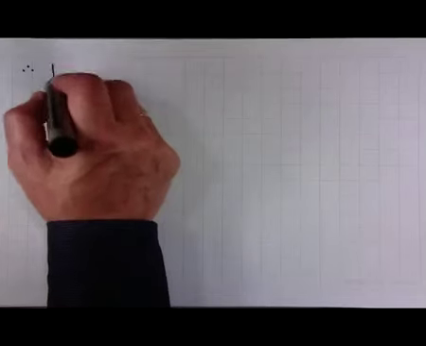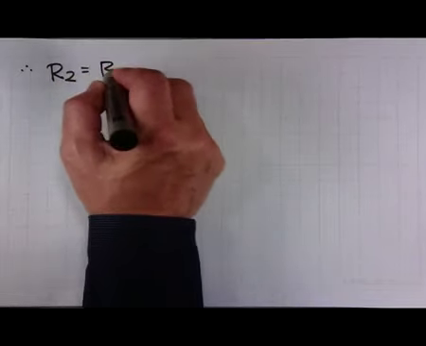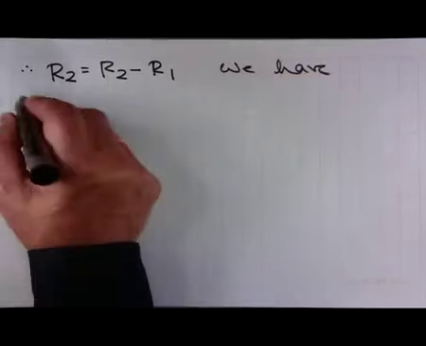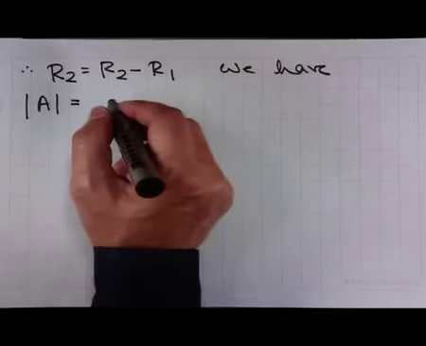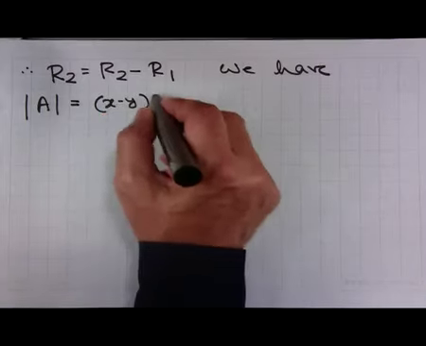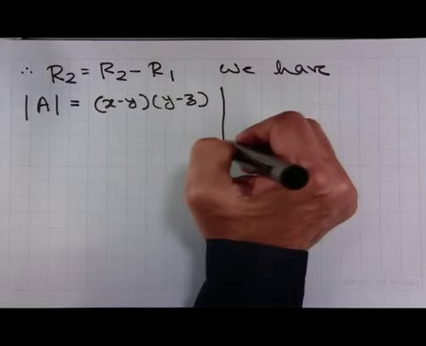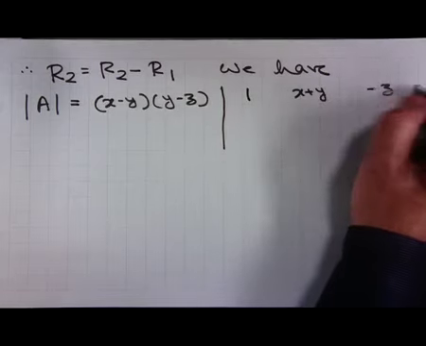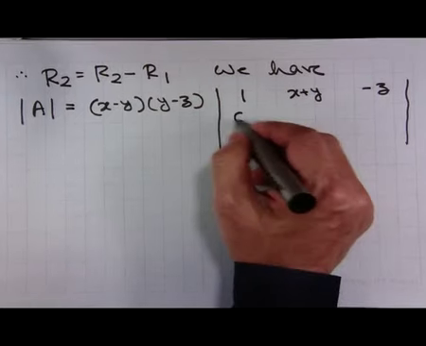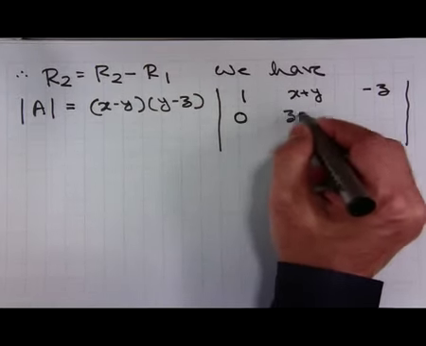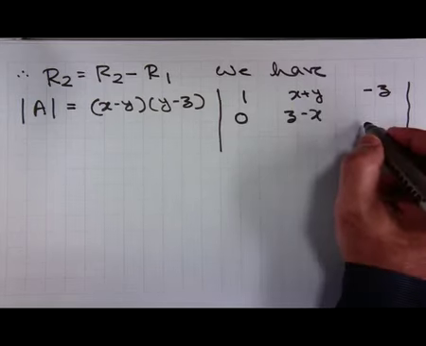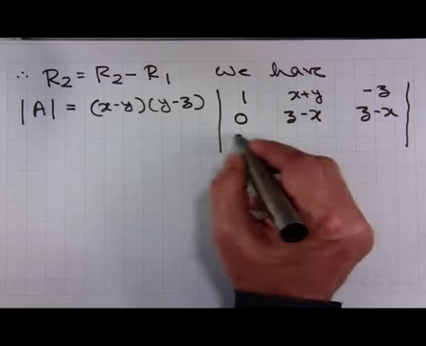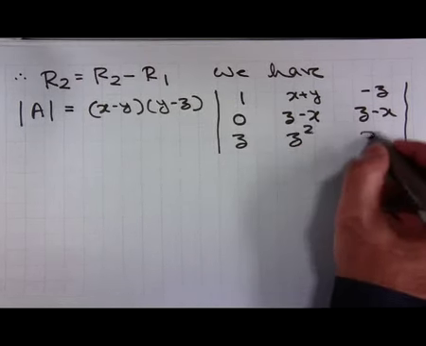Therefore, again doing R2 is equal to R2 minus R1, we have determinant of A is equal to x minus y into y minus z into determinant of 1, x plus y, minus z, 0, z minus x, z minus x, and z square, xy.